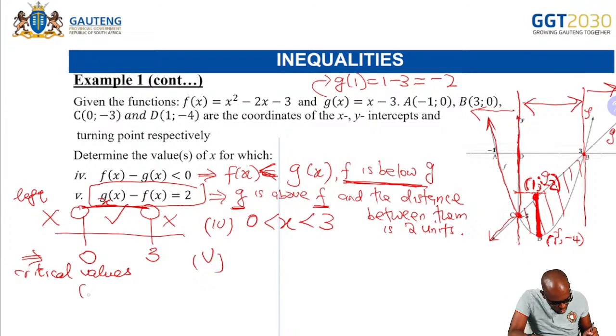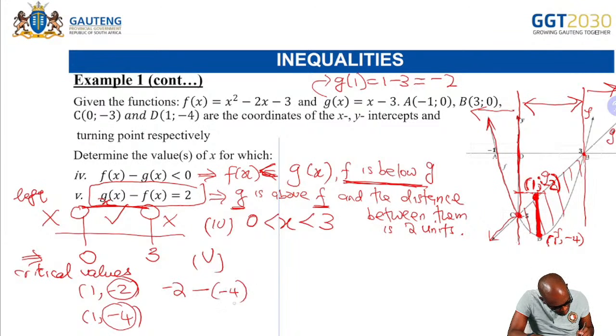We have these points, 1, -2 and 1, -4. So if you take y top, which is -2, minus y bottom, which is -4, you get that the answer is 2. So the vertical distance is 2 units.